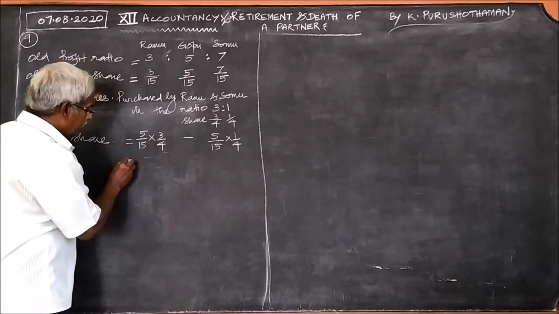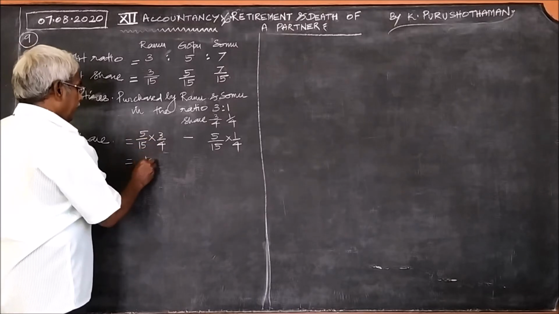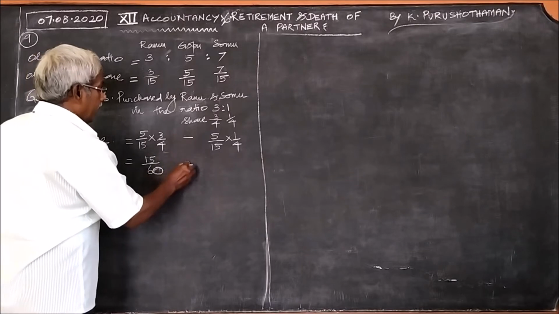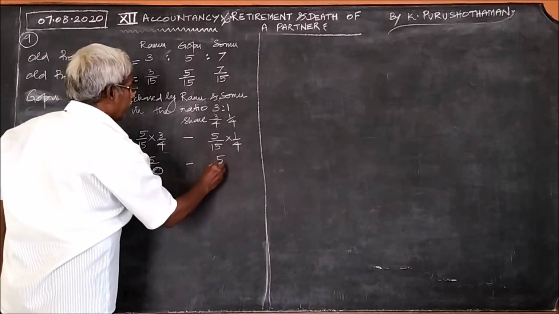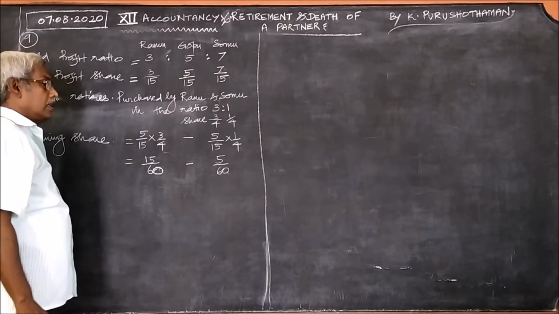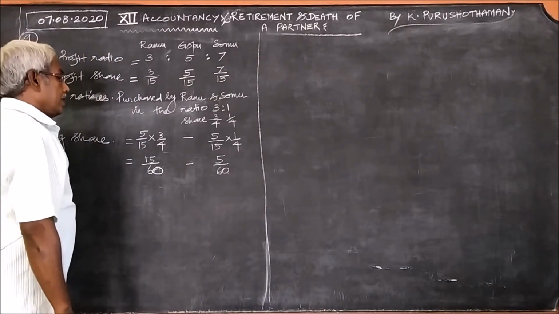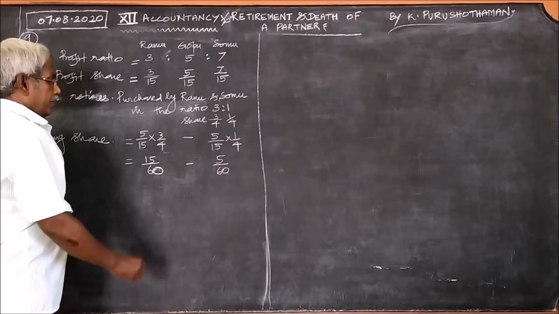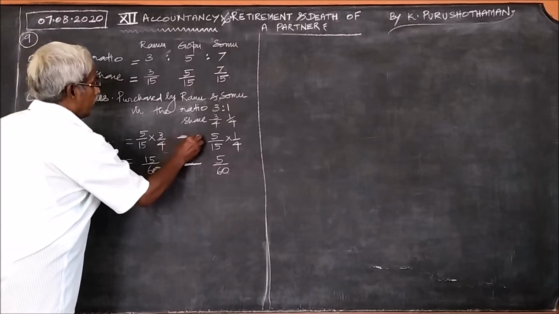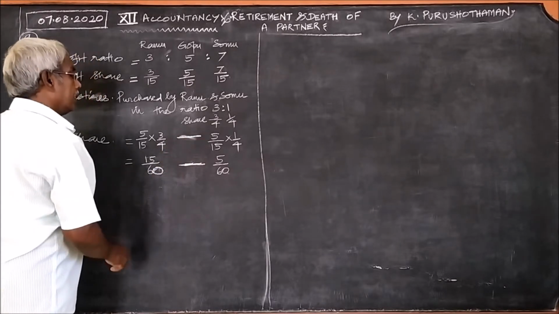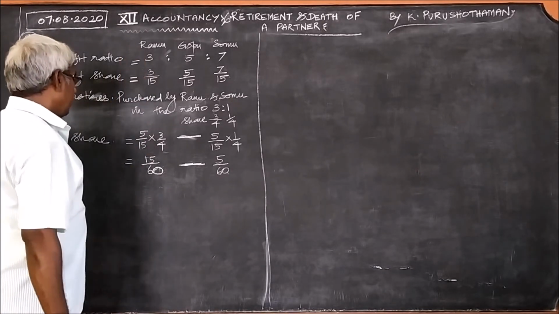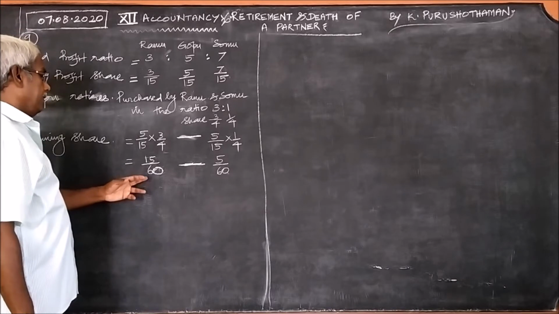And this is equal to 15 by 60 and 5 by 60. For Gobu there is no share, nil, because Gobu retires. Now we have found out the gaining share.